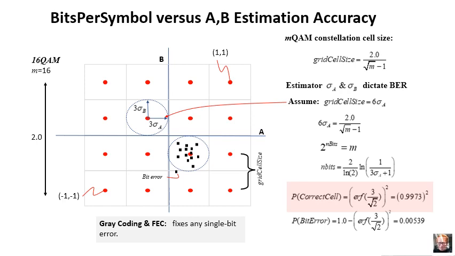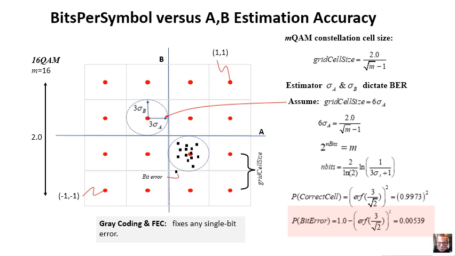The probability of a single bit error is just 1 minus the probability that the A and B are in the correct cell. This is 0.00539 for this example.